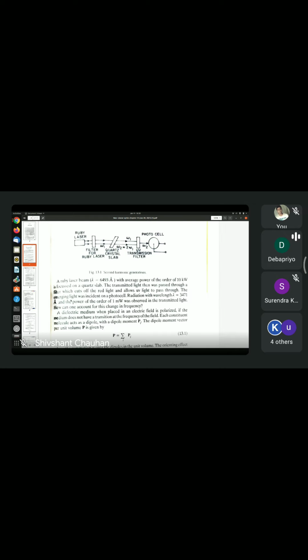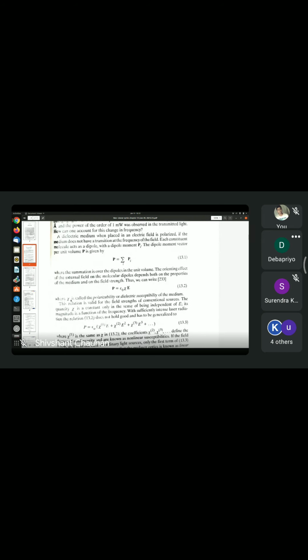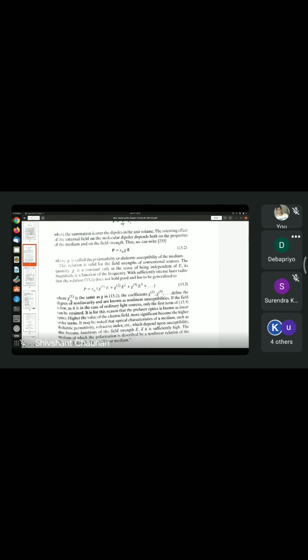So capital P is the sum over the dipole moments of individual atoms inside the material medium, and of course the sum is over atoms within a unit volume. So let us move a little downwards, lower portion of the page. Yes, you can stop here.